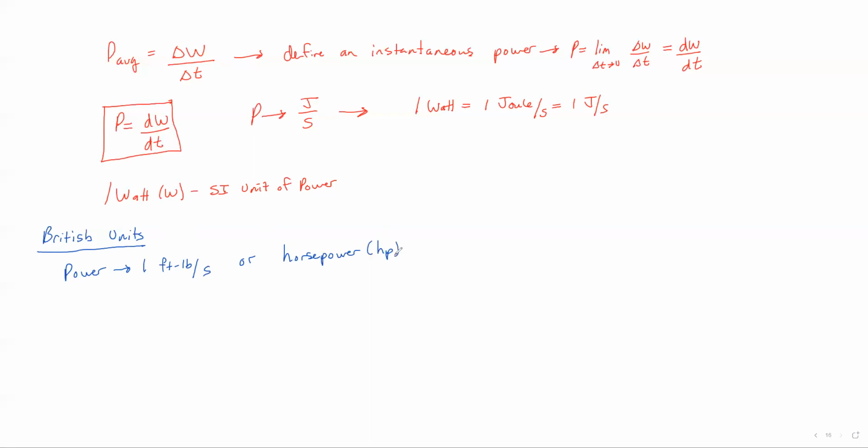Now, where did it come from? It probably literally came from the power that a horse had. But here's a couple conversions. 1 horsepower is equal to 550 foot-pounds per second. All right, so if you wanted to convert your horsepower from foot-pounds, that's how you do it.